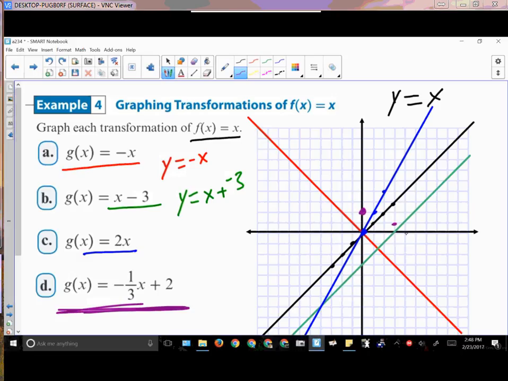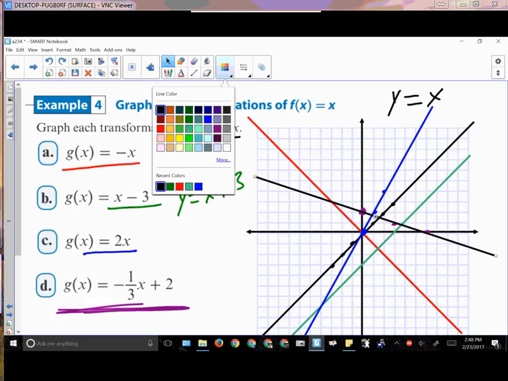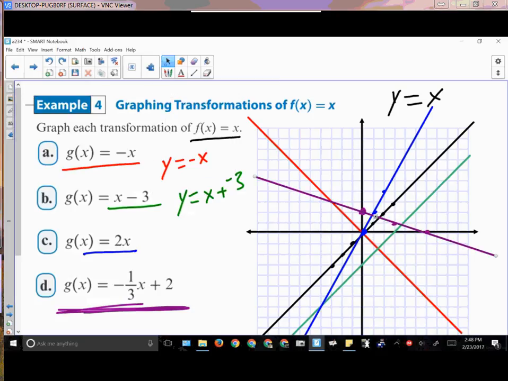Down 1 over 3. 1, 2, 3. So I've got my points. There we go. That's where that line would go.